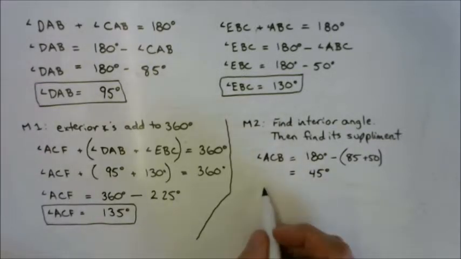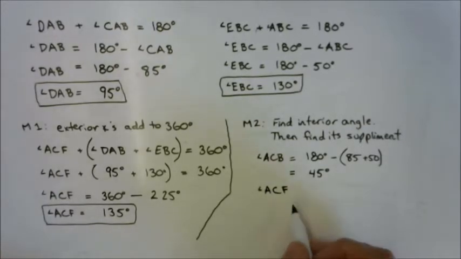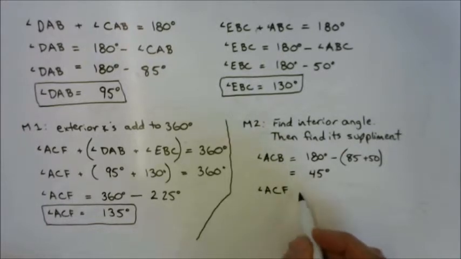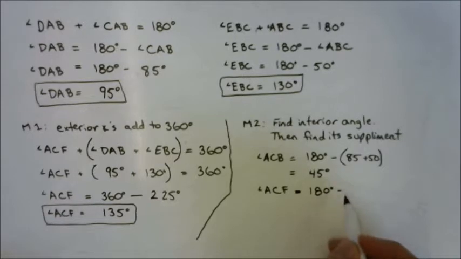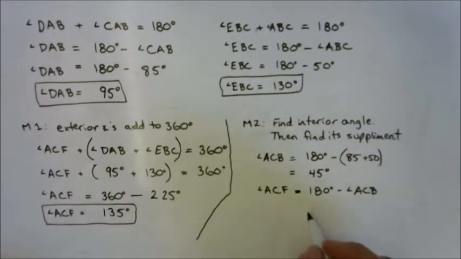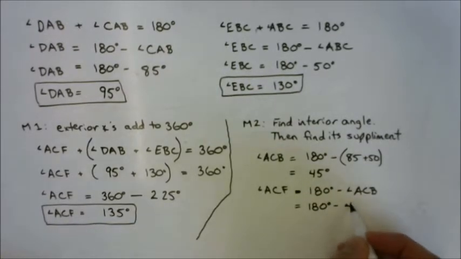Now all I have to do is say, just like we did at the top, since ACF is exterior to ACB, then ACF is going to be 180 degrees minus the measure of ACB. And we already know that the measure of ACB is 45 degrees.